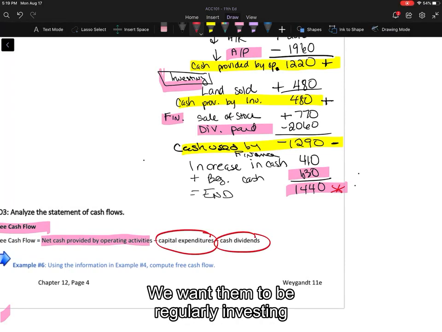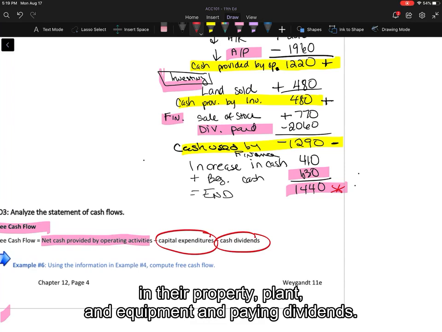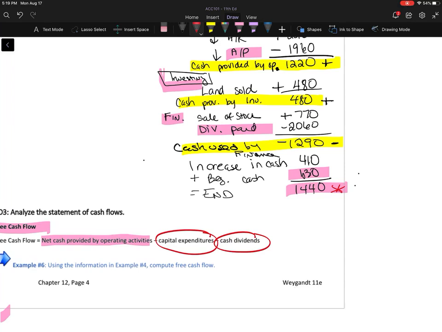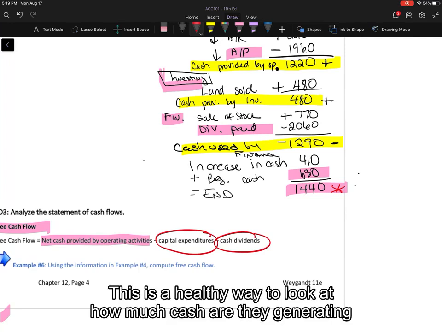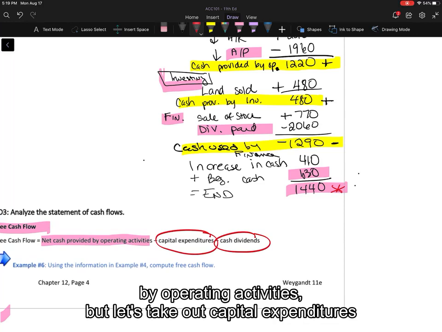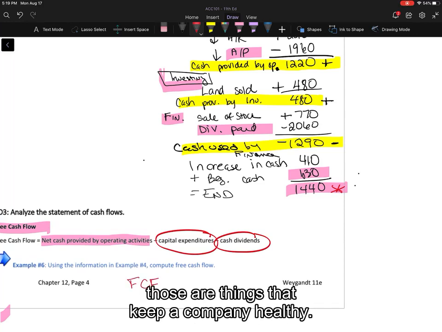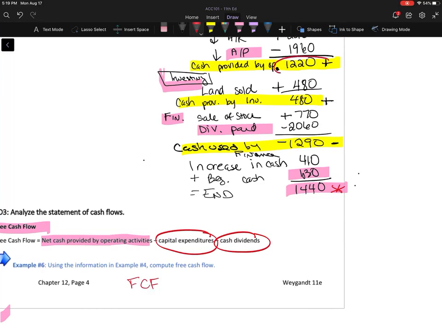So we want them to be regularly investing in their property, plant, and equipment and paying dividends. So this is a healthy way to look at how much cash they are generating by operating activities, but let's take out capital expenditures and cash dividends because those are kind of things that keep a company healthy.